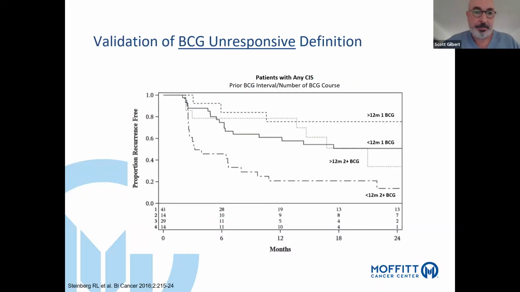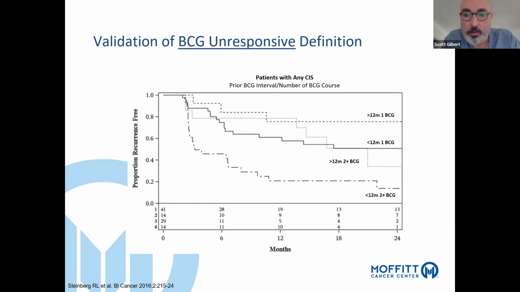So that definition has been validated. A lot of work was done both by the University of Iowa group and the MD Anderson group on this. And so one of the concepts for BCG unresponsiveness is, when do you recur and how much BCG have you received, how recently?